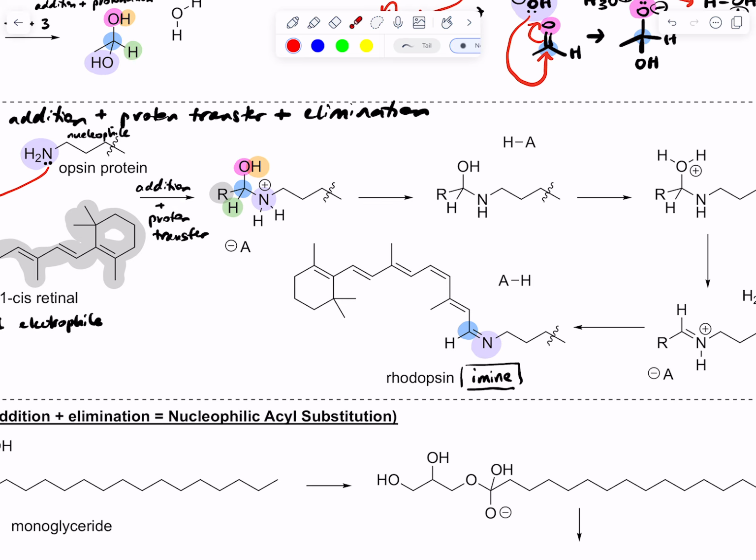It could leave as a neutral amine. And if you look at the next step, you can see that the nitrogen is no longer positively charged. Again, the reason nature's going to remove a proton from that nitrogen is so that that nitrogen can stay around more.